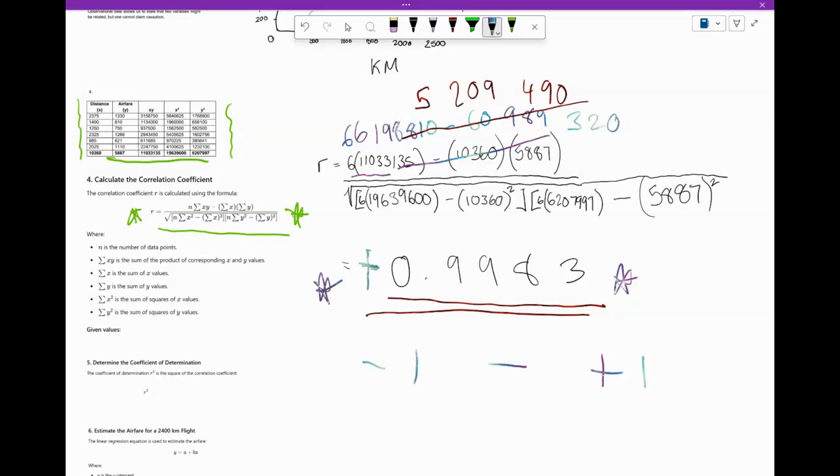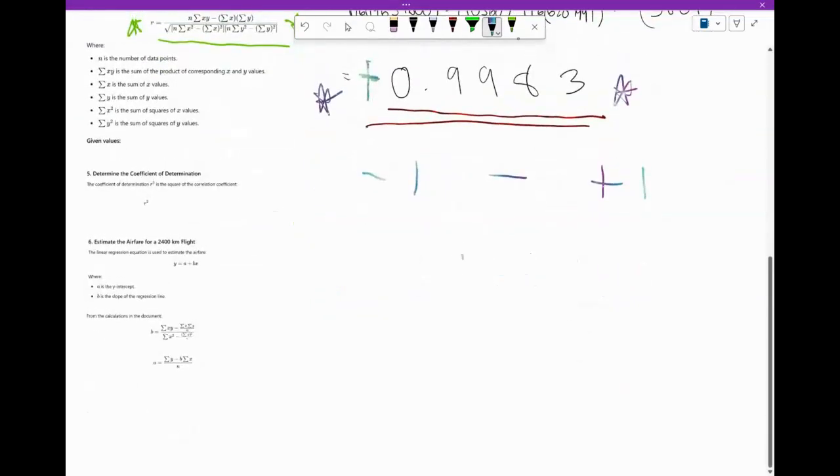Right, so the next thing they ask is for us to determine the coefficient of determination. Now, the coefficient of determination is easy. This is R, right? Your coefficient of determination is basically just R squared. So you just need to square this and then times by 100 to make it a percentage.